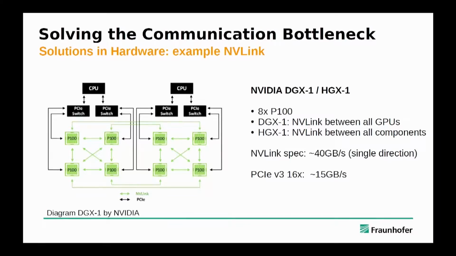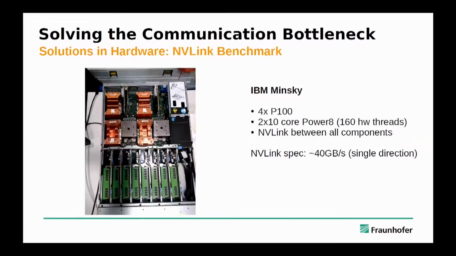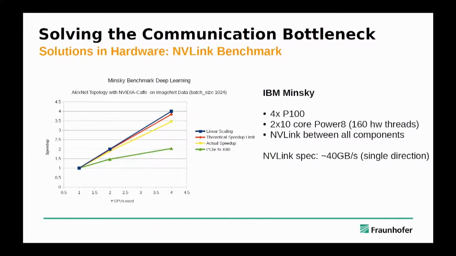Unfortunately, we got our DGX-1 just last week, so I have no numbers for that. But I have numbers for the IBM Minsky, which is a very similar system. It's also using NVIDIA P100s, just 4 of them with NVLink. Here you can see that the blue line would be linear scaling. The red line is the theoretical speed-up limit. We'll come to that in a second.